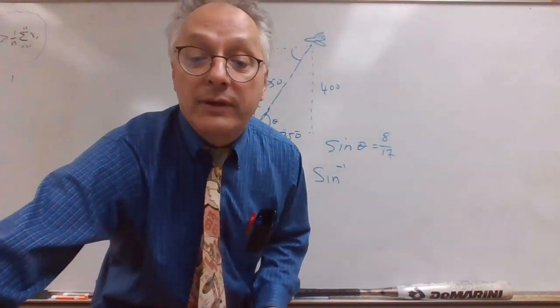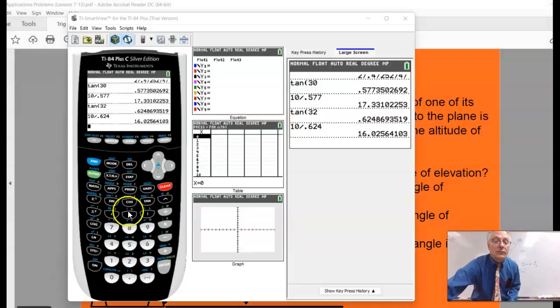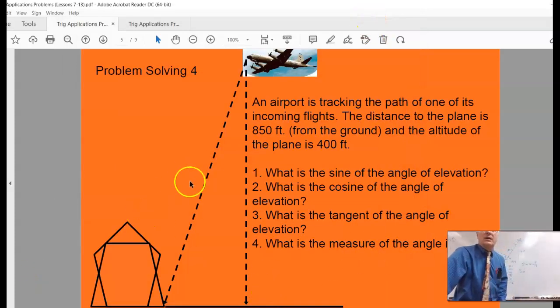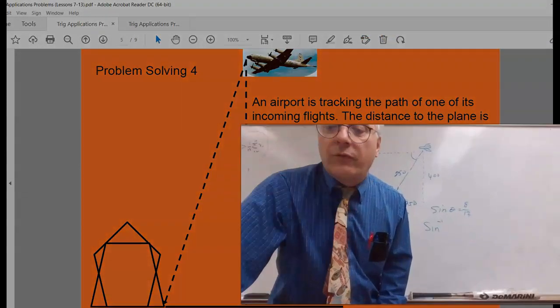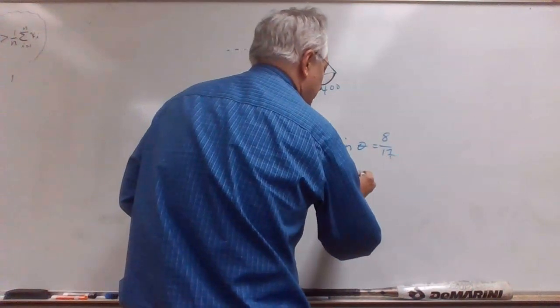Let me pull up the broken calculator. It's still jammed, but whatever. Here's my sine button. If I go second sine, it would give me my value. So I'll do that right now for you. I'm going to put the number in here.